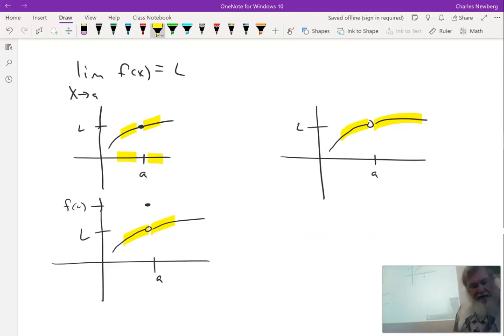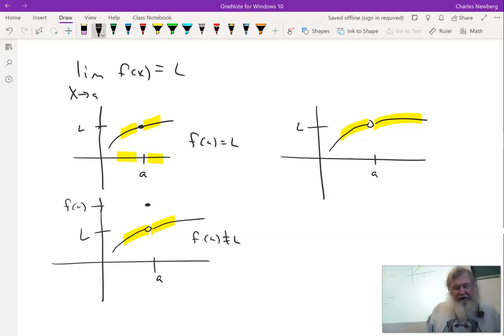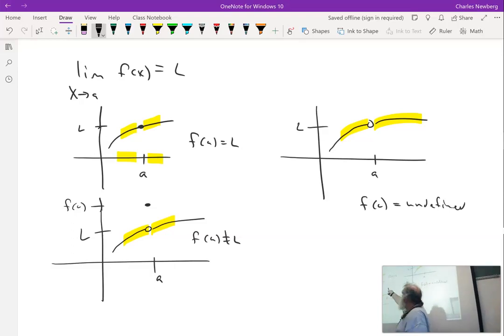All right, so notice on this one, f of a actually equaled our limit. That can happen. Notice this one, f of a did not equal our limit. That can happen. And notice on this one, f of a is what? Undefined. So those were our three possible limits going into a. We could have three possibilities. It could be L and have them match up. It could be L and they don't match up, or it could be L and f of a is what? Undefined.